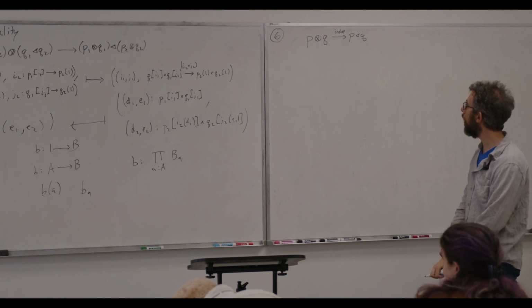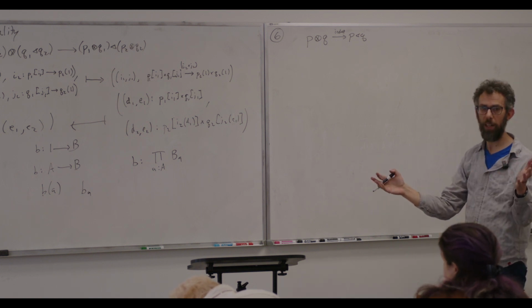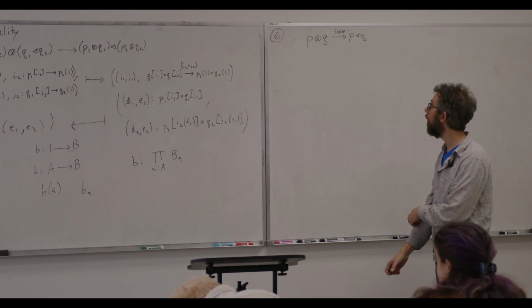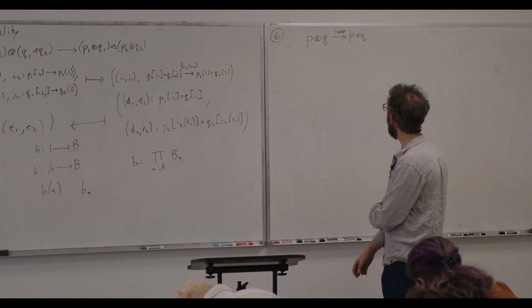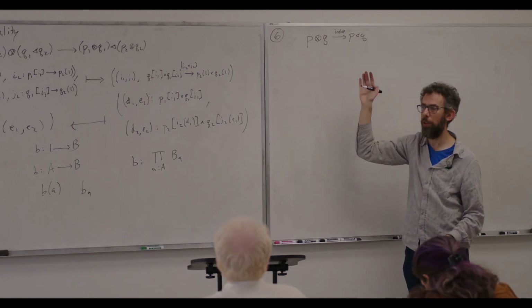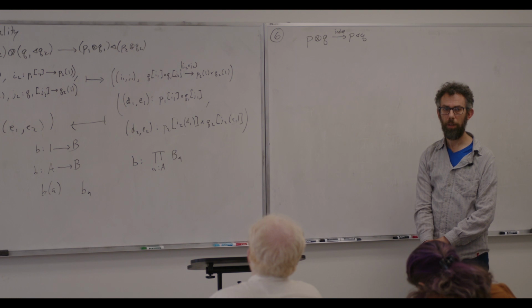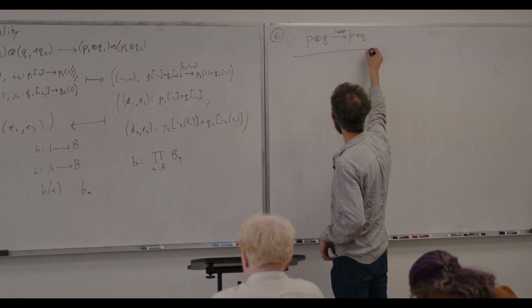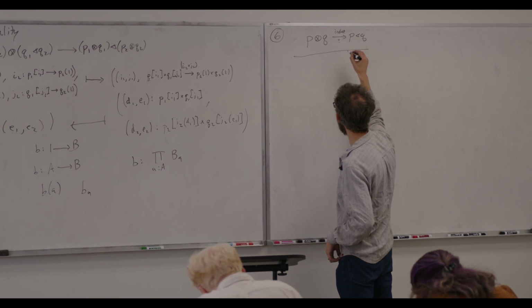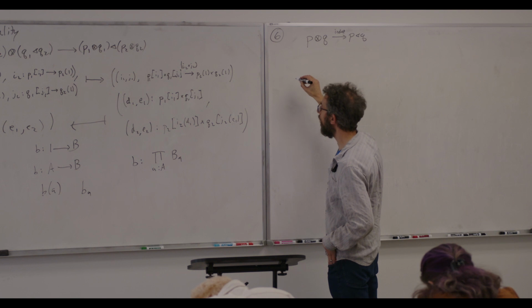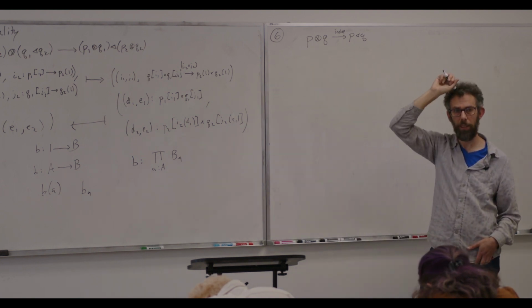If P and Q are in parallel, and P compose Q is like P then Q, or P at the bottom, Q at the top, there's a map that says at every leaf I'm waiting for something, just pop the same Q on over and over. So where does this come from? Does anyone see how to use duoidality to get this map?